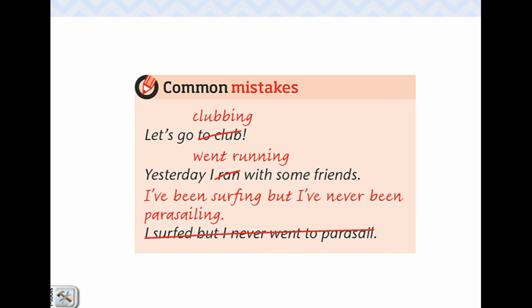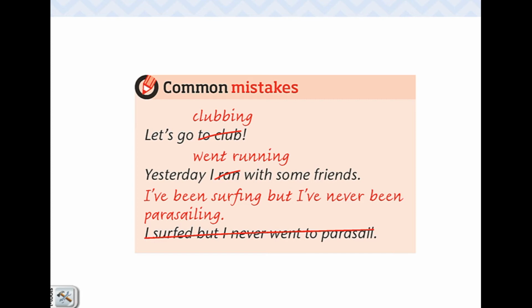And then we have the adverb never, and been, that is the past participle of the verb to be. I've never been. And another verb in the ing form. And the main verb parasailing in the gerund, in the ing form. So you say, I've never been parasailing.